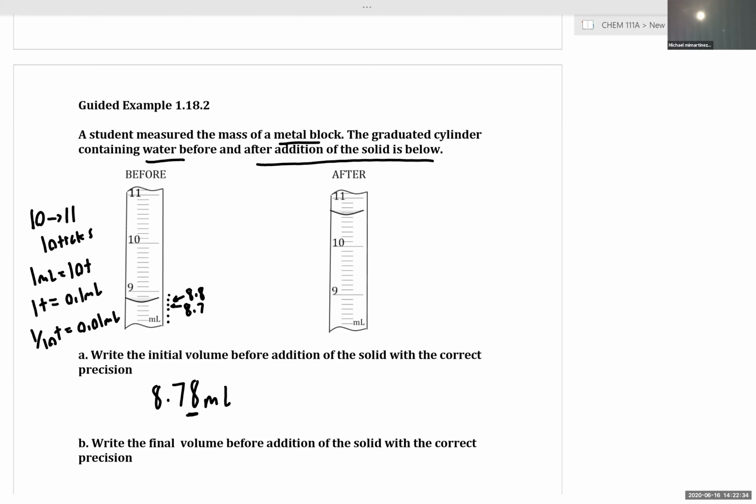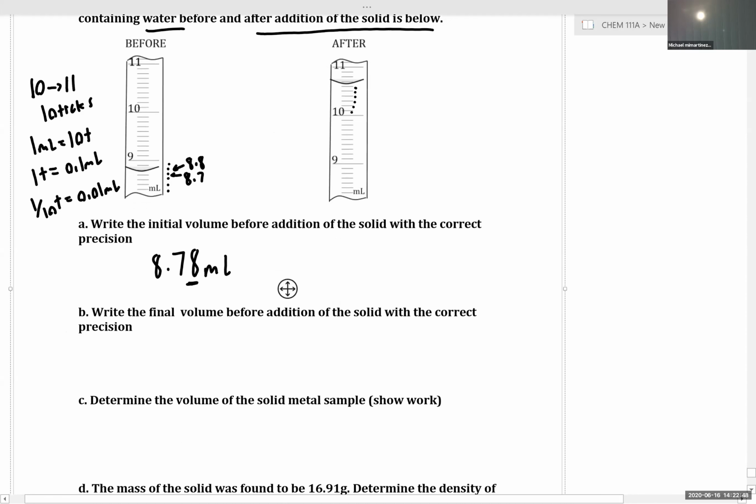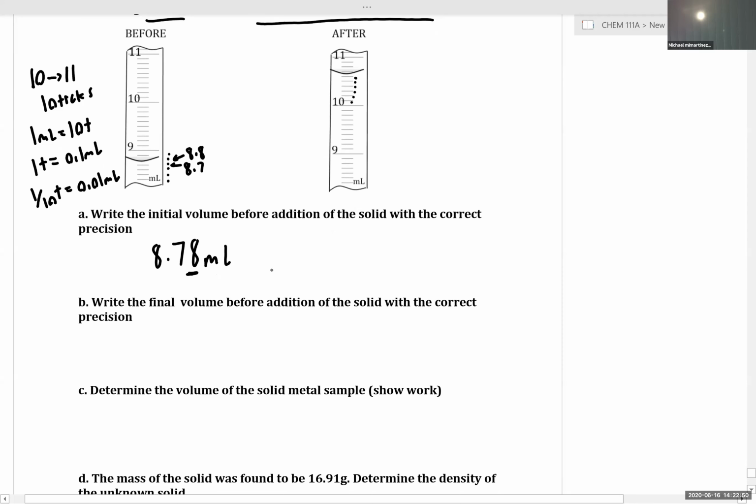Let's do the same volume measurement process for the after picture. So we have 1, 2, 3, 4, 5, 6. Okay, so we know our certain digits are going to be 10.6, and then we can estimate an additional digit, and I'll call that 10.65 milliliters.